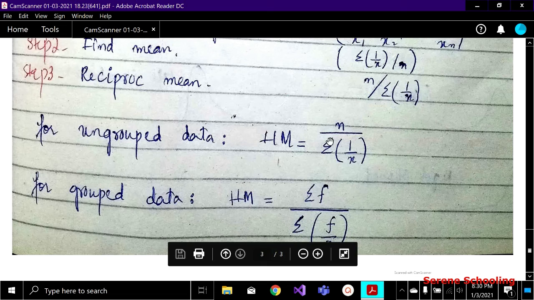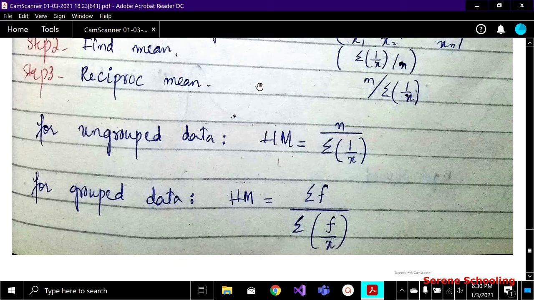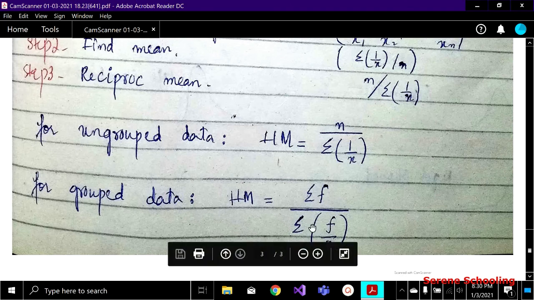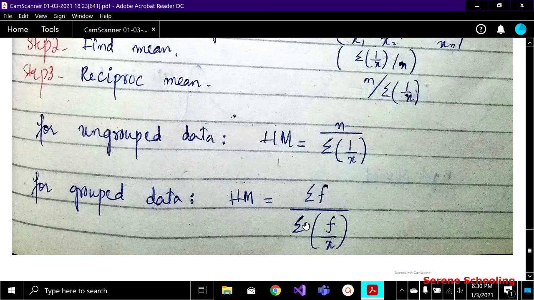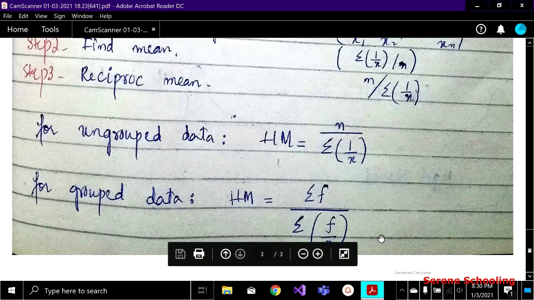You just have to remember these upper 3 steps, and then in the case of grouped data you just need to introduce this f over here, multiply this 1 by x with f because of the frequency distributions. And one more thing: in ungrouped data this x is the exact data value, but in grouped data this x is the midpoint, right?